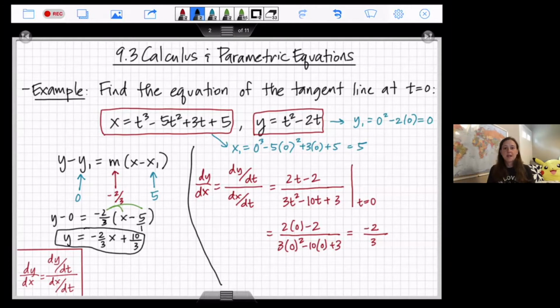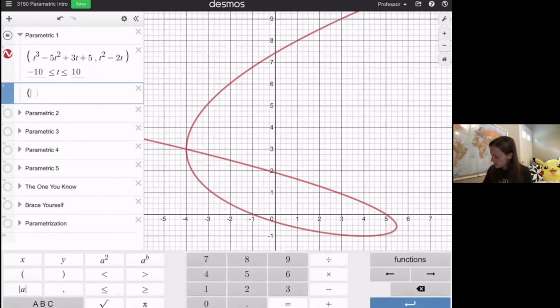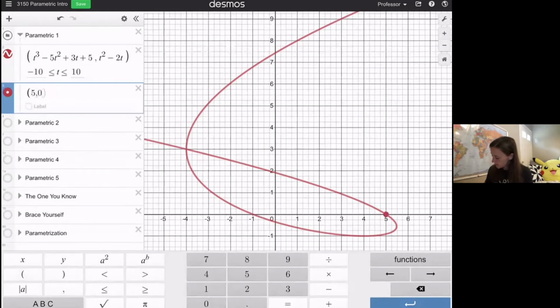That's not going to be satisfying until I look at it on Desmos and make sure it actually looks like a tangent line. So let's go do that. We're back in Desmos and I've got my parametric curve showing, and we're going to graph our tangent line. First I want to plot the point. We calculated x1, y1 to be 5 for x and 0 for y. So t equals 0 lands you at this point over at x equals 5 on the x-axis.